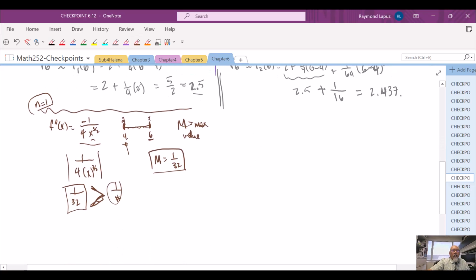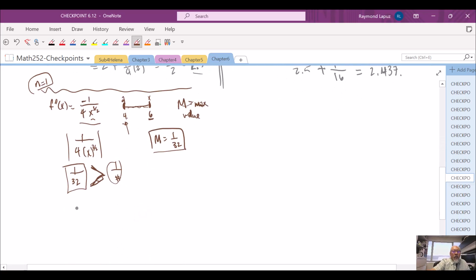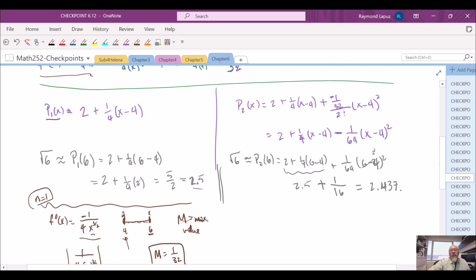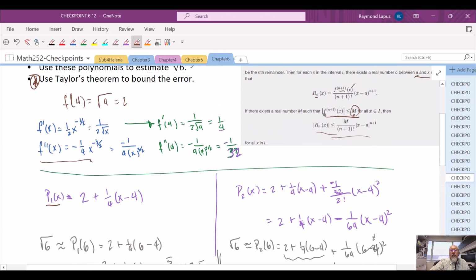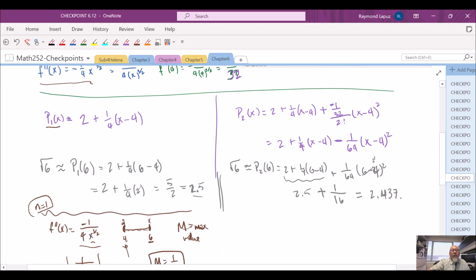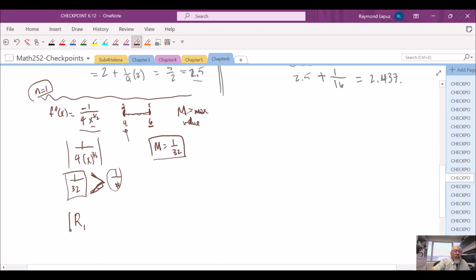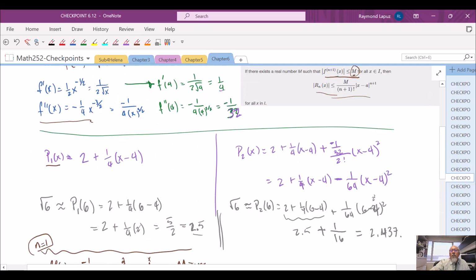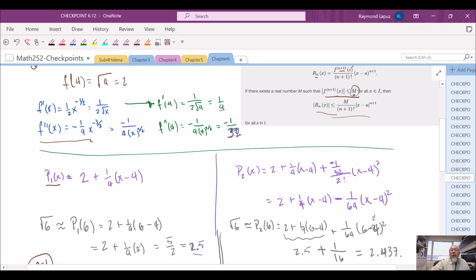And according to our theorem, let's get that theorem straight here. The absolute value of R sub 1 of x is going to be less than M divided by 1 plus 1, n plus 1 factorial.